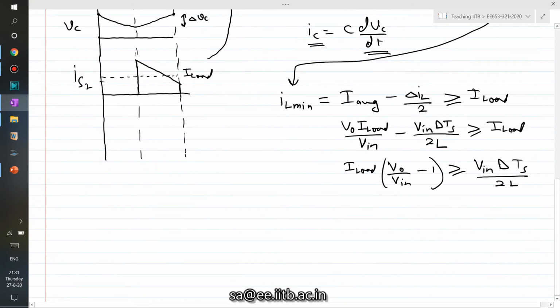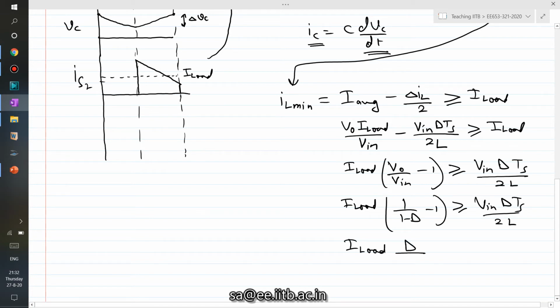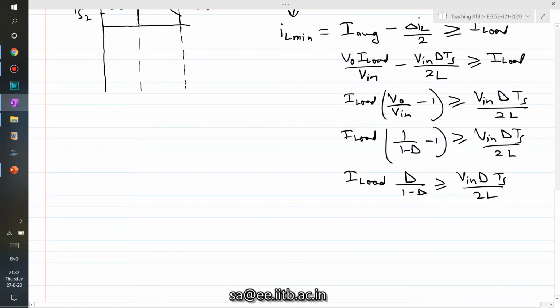I can substitute VO by Vin as 1 upon 1 minus D. Simplifying further, I load is greater than or equal to (1 minus D) times Vin dTs by L.